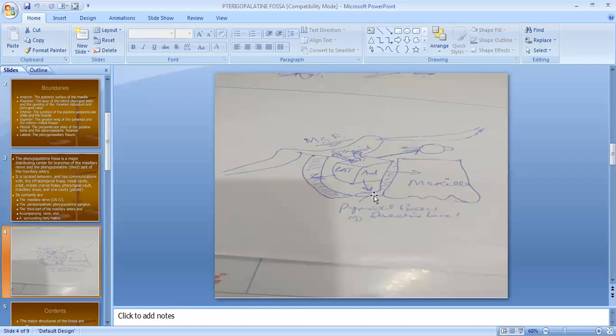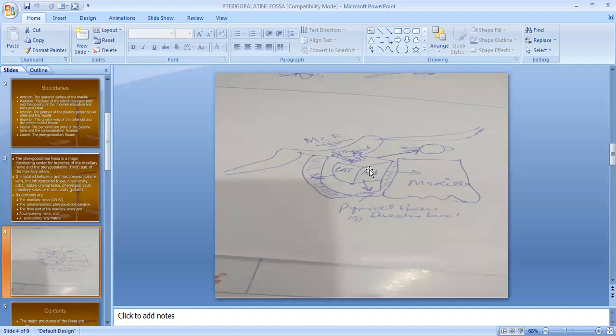There is a bony projection from this perpendicular plate, and this one is known as the pyramidal process of the palatine bone. So this is the location of the pterygopalatine fossa.